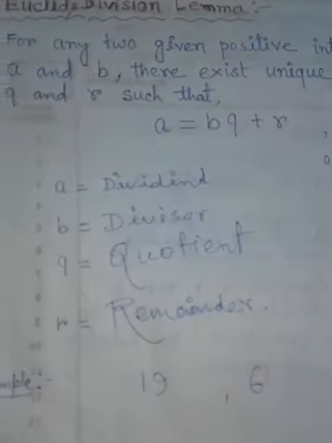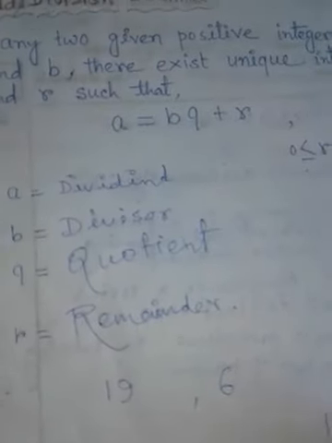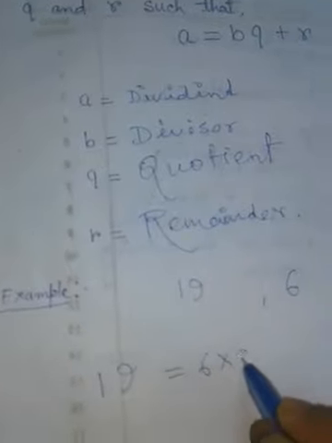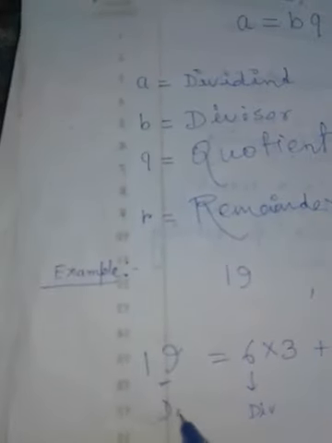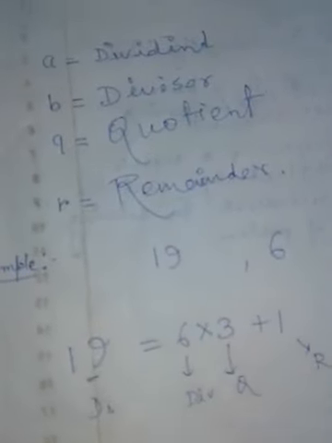If you have two numbers, suppose 19 and 6, then first we divide 19 by 6, and we get 3 as quotient and 1 as remainder. We can write 19 equals 6 into 3 plus 1, where 19 is the dividend, 6 is the divisor, 3 is the quotient, and 1 is the remainder.